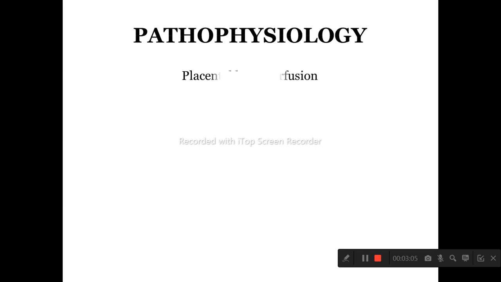Next is the pathophysiology of this whole process. A series of abnormalities takes place from the hypertension to further damage. The first is placental hypoperfusion: the increase in blood pressure leads to decreased perfusion to the placenta.